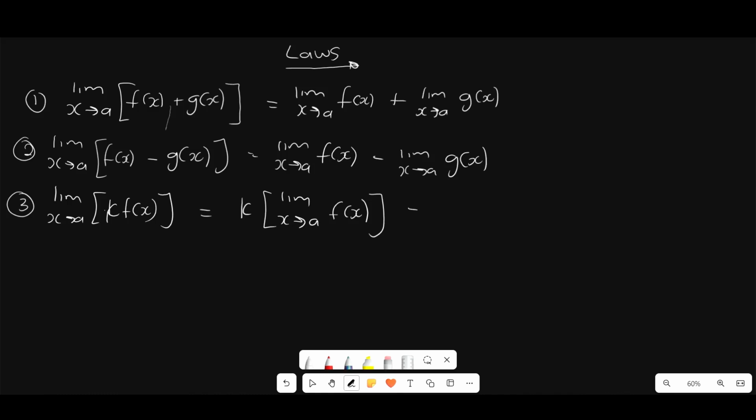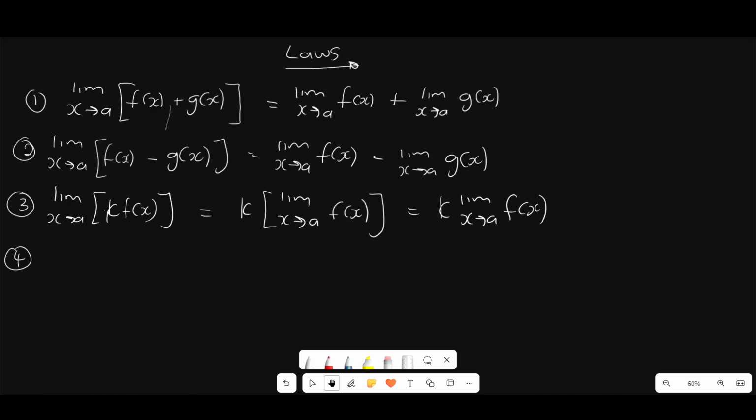I hope this makes sense. This is the limit of a constant multiple. Whenever you have a constant, you can take it outside and then do the limit of the function.